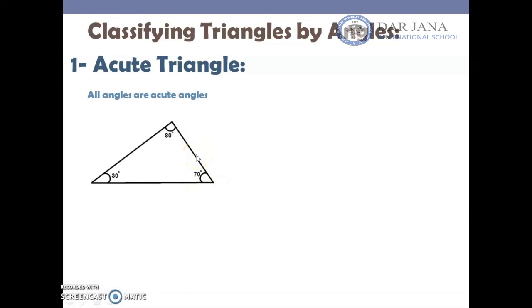So all of them are acute angles. So I can now call this an acute triangle. This is another example. You have 80 degrees acute, 55 degrees acute, 45 degrees acute. So this is called an acute triangle. So an acute triangle is a triangle where all angles are acute angles.